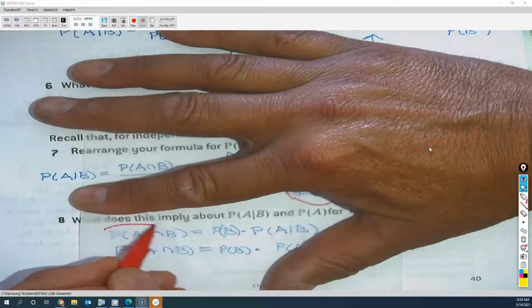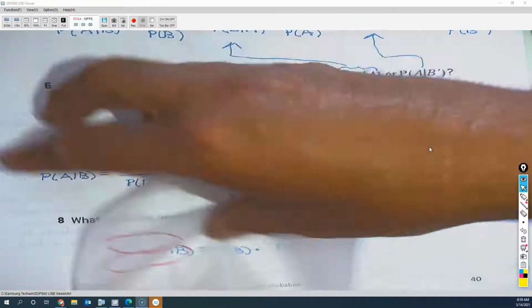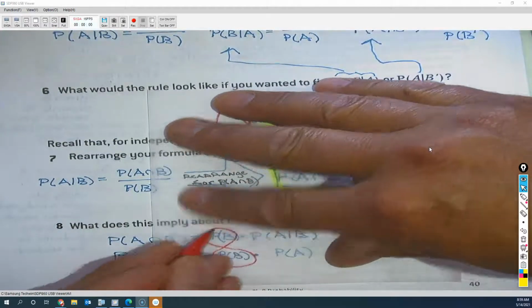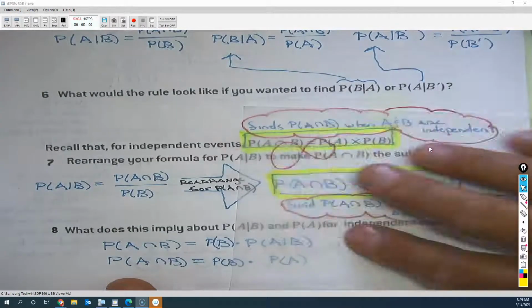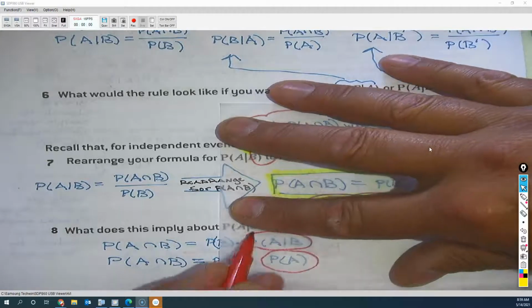Are these two equal? Yep. Are these two equal? Yep. They're both P of B. So then what has to be true about these? Those two are equal.